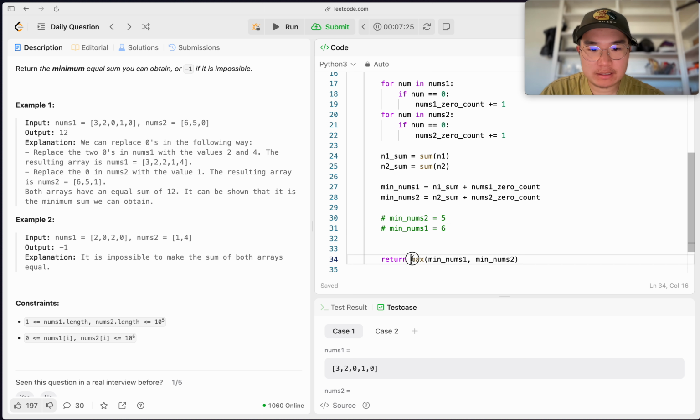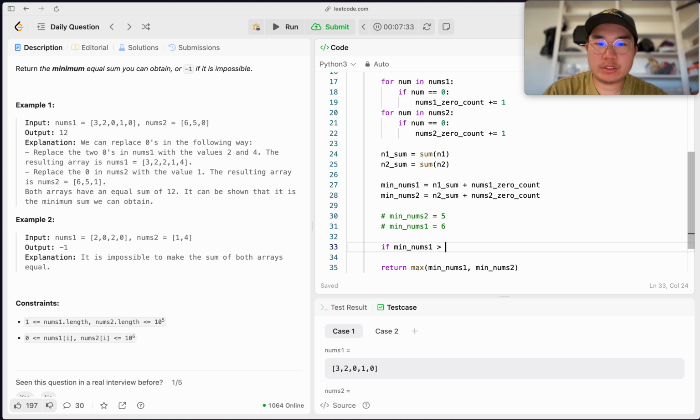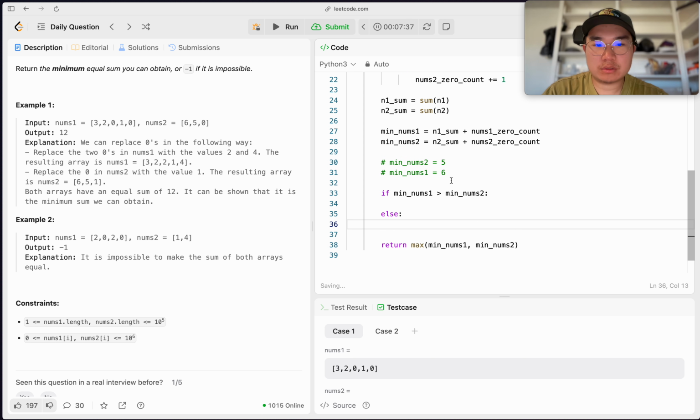So if min nums1 is greater than min nums2, else if min nums2 is greater than min nums1, we have to do both cases.